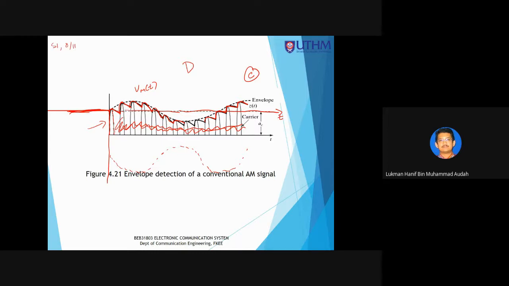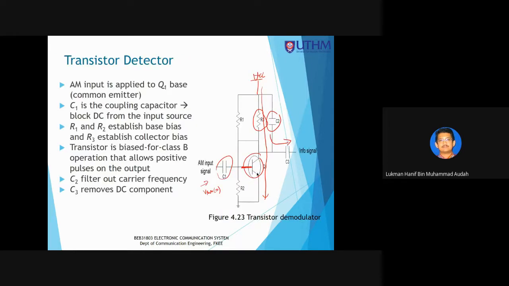Okay, kalau tidak ada RC dia akan drop terus. Adanya RC dia akan slowly decreasing of the output. Okay, itu sebab dia akan menghasilkan bentuk sawtooth itu. Dia akan slowly decreasing. So that is the function of the RC. Tak ada RC dia akan terus drop.